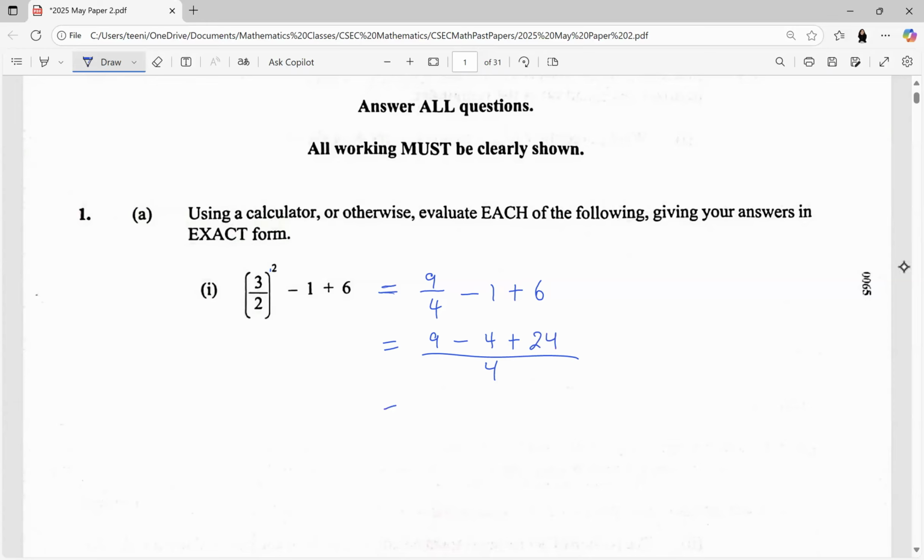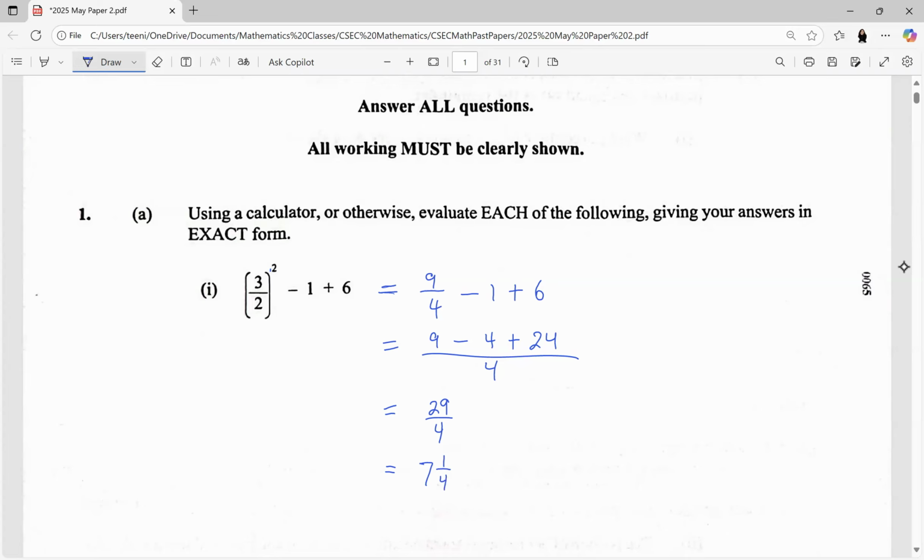So this would give me 9 take away 4, which is 5, and 5 plus 24 is 29 over 4. You could change that to a mixed number, or you could leave it like that. Let's change it to a mixed number. 29 divided by 4 is 7, remainder 1. So 7 and a quarter.